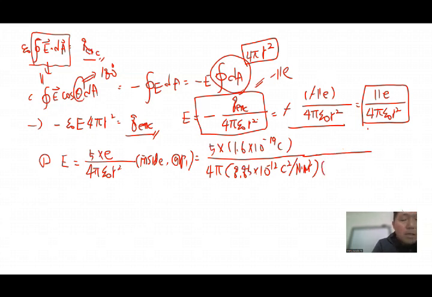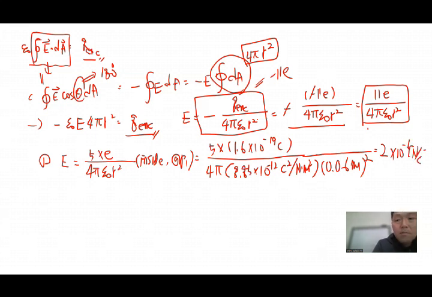The radius of point P1 is 6 centimeters, so 0.06 meters, squared. You plug them all in, and that leads to an electric field of 2 times 10 to the minus 6 newtons per coulomb.